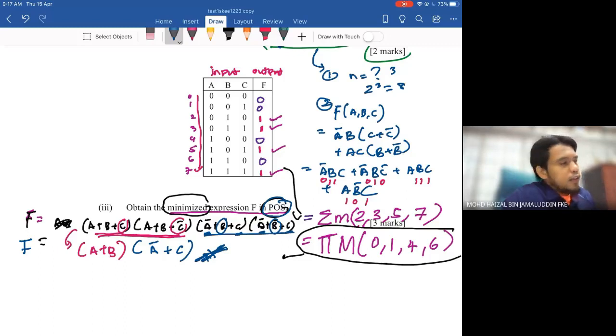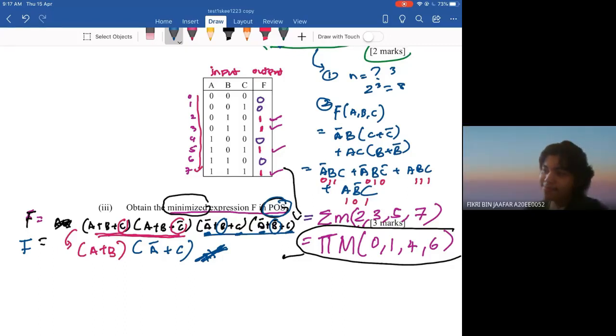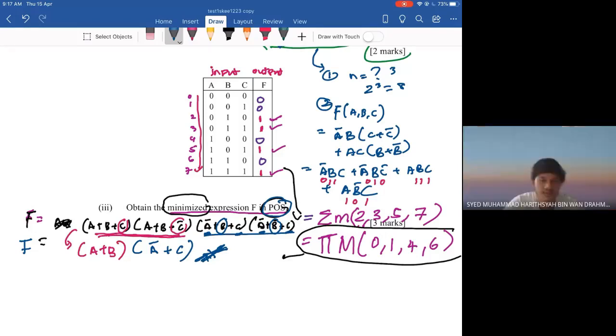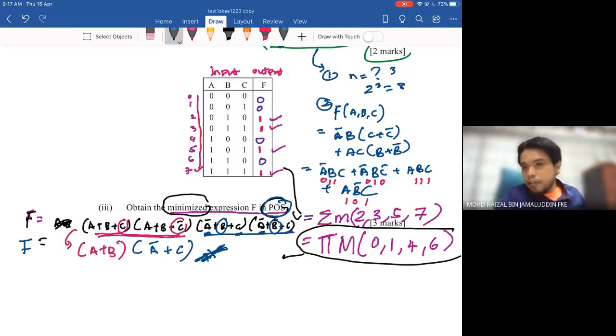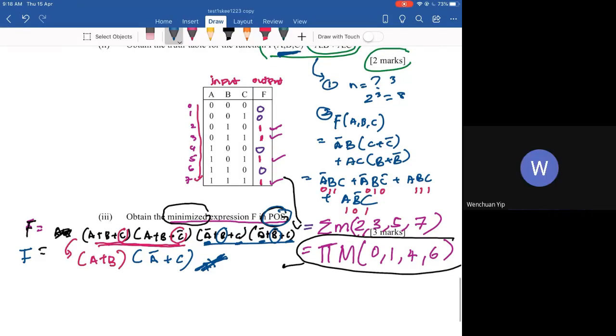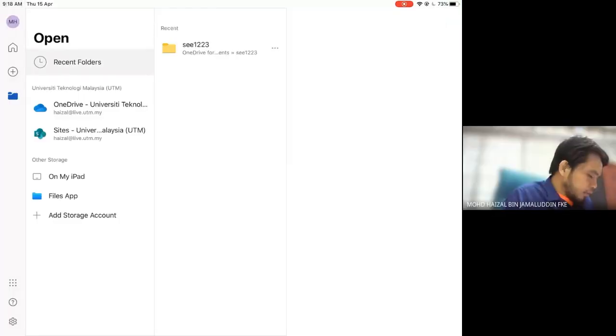Want another example? No question. Okay, understood? Yes, understand, sir. The others are silent. Tired is tired. Alright. Okay, maybe we see if there is another example.